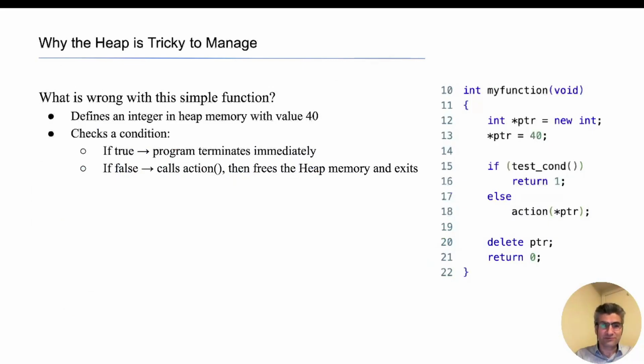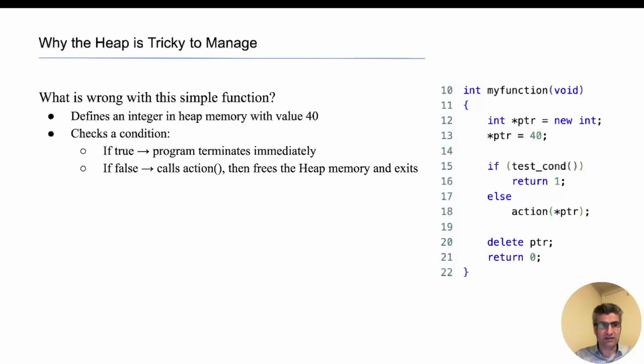To truly understand the value of smart pointers and to describe how they help to develop safer code, we first have to know why the heap can be so tricky to manage. Let's examine this with a simple program. At runtime, my function starts by asking the computer for a space in memory and stores its address to a pointer.